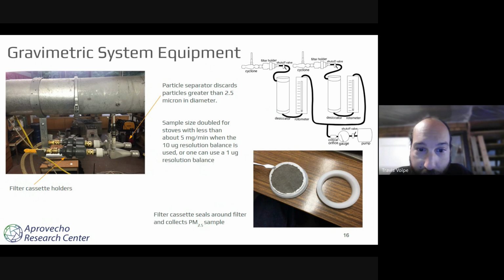which holds a 47 millimeter glass fiber filter, which is inside of a cassette with a small metal screen. You can see a used filter on the bottom right.